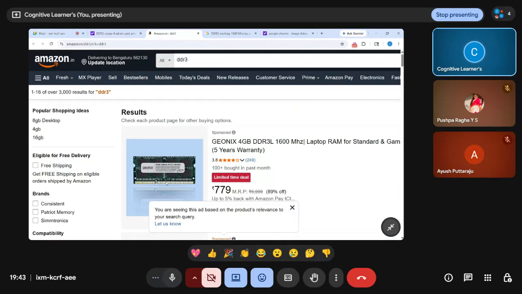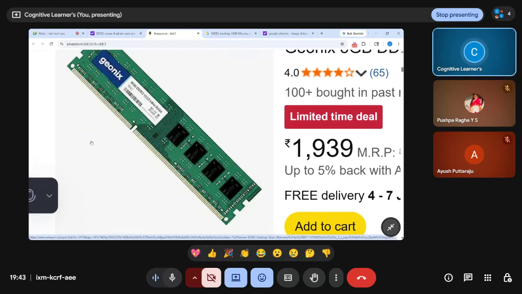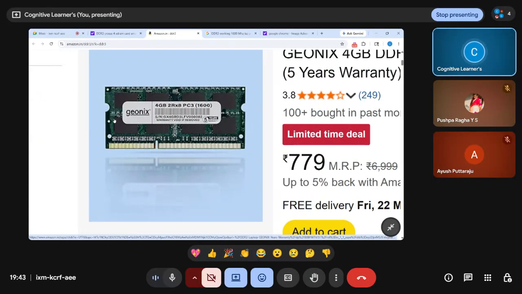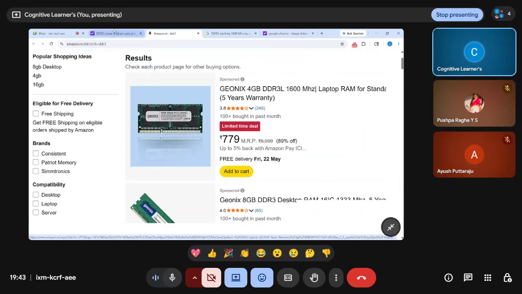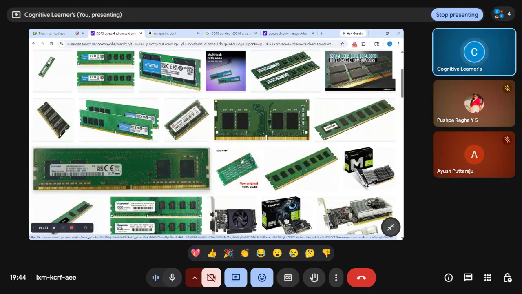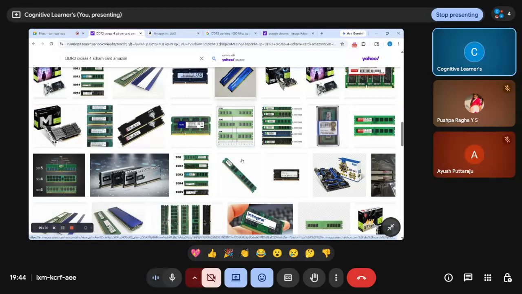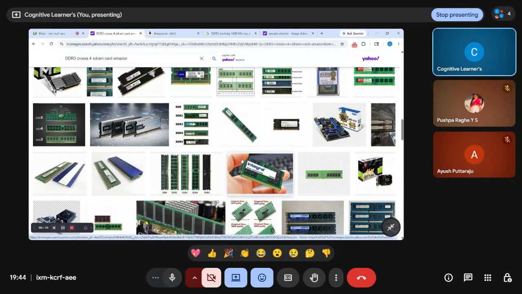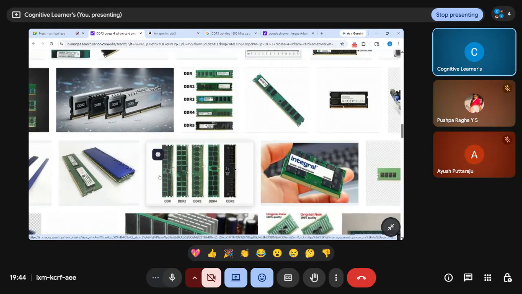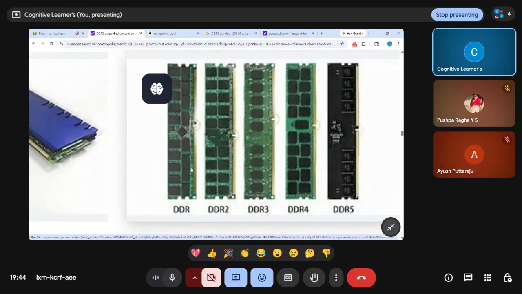Previously, in the other card, eight black color chips were present, four on this side and four on the other side, totally eight. But in this DRAM card, four black color chips are present. Again, I will show one more DRAM card with 16 black color chips. That is DDR5. Count: 4, 4, 8.